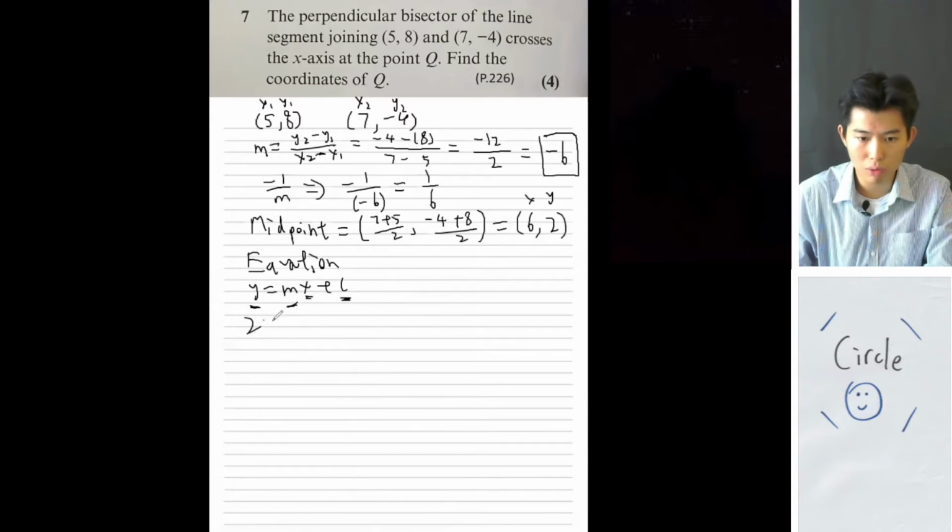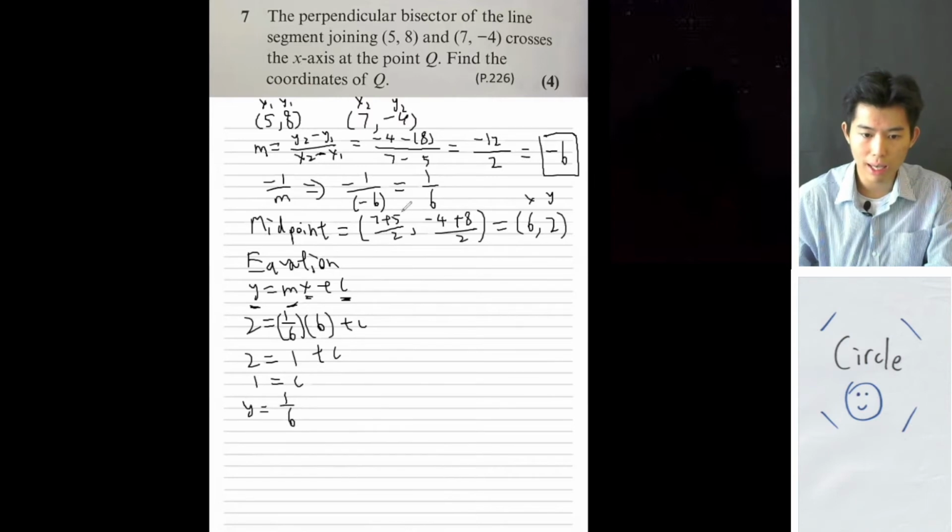So 2 equals 1 over 6 times the x value, which is 6, plus c. 2 equals 1 plus c, and 2 subtract 1 will be 1 equals c. Then substitute this value back into the equation, so y equals 1 over 6 x plus 1. This is the method that I used during my A-level exams, so I think you guys can take it for reference.